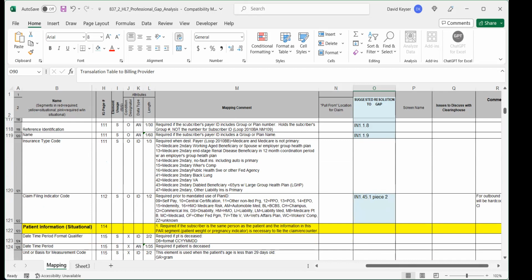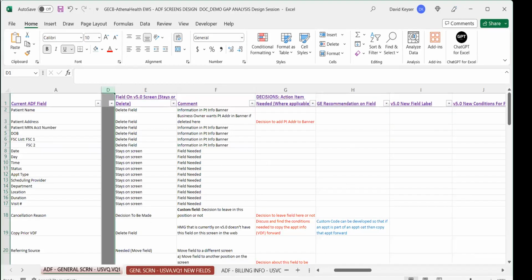The next one I'm going to show you also. Let me just change it over. I'm just making sure it's this one. Okay, this one is where we're looking at screens. When I say screens, just a disclaimer, there's no patient data.